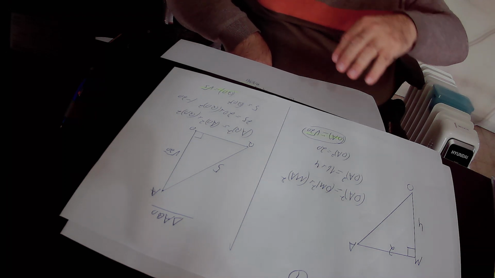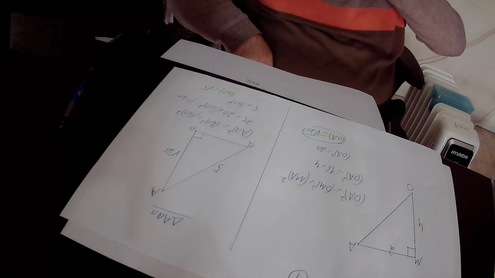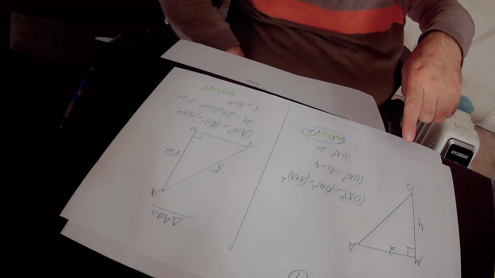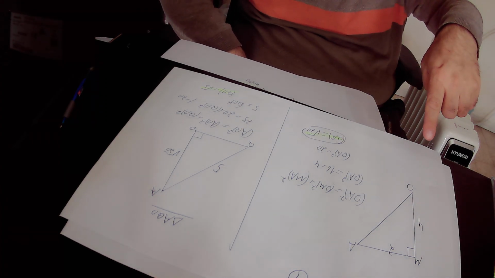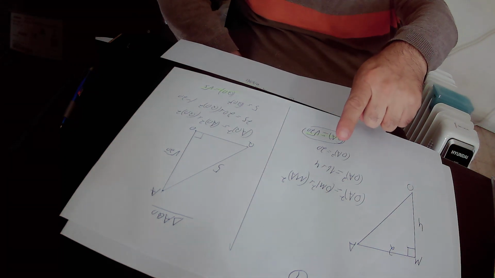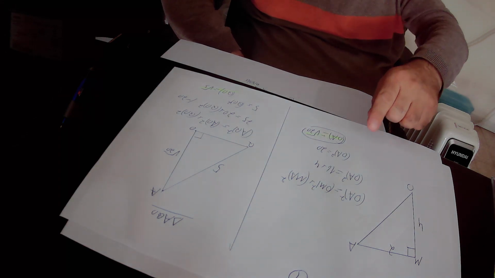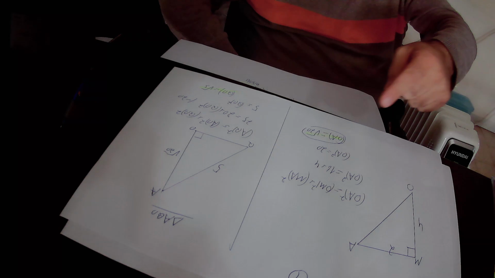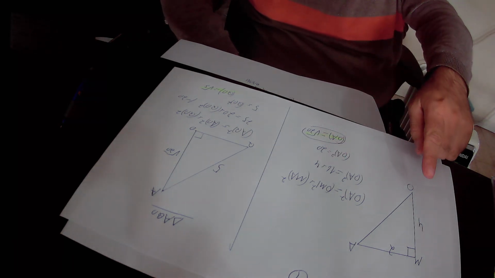Implemented on this right triangle OMA the Pythagoras theorem. According to the Pythagoras theorem, in this right triangle, the square of the hypotenuse is AO square, and it must be equal to OM square plus MA square. So OA square equals OM square plus MA square. OM equals 4, therefore OM square is 4 square, that is 16, plus MA square.